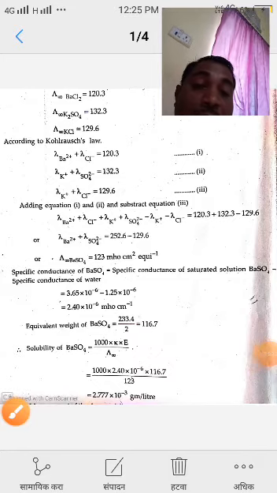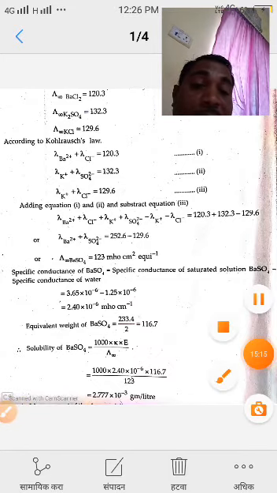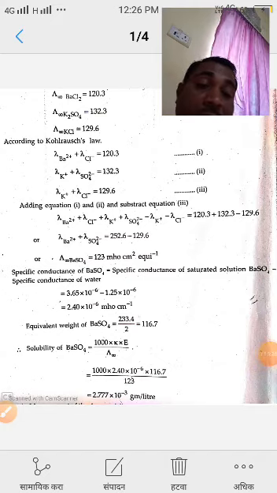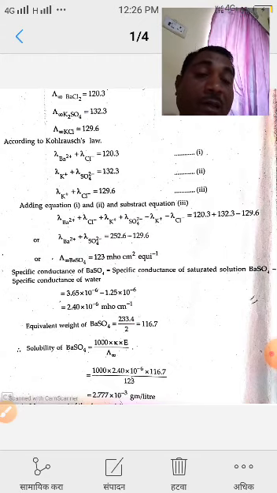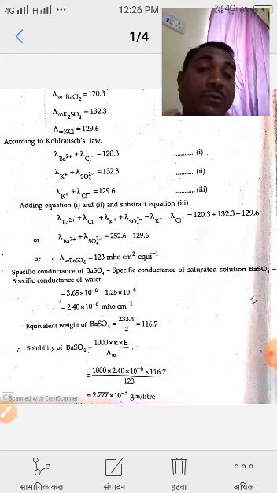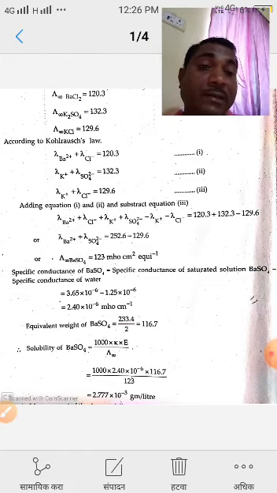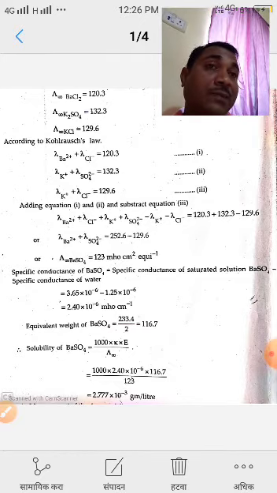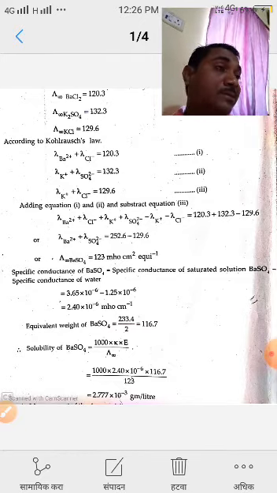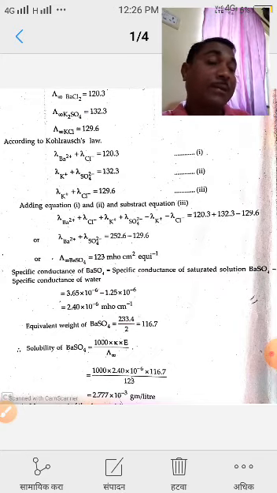Now we stop this second application of Kohlrausch's law. In this video we have explained two examples on the solubility of a weak electrolyte. Kohlrausch's law is also useful to find out the solubility of a salt in a given solvent. Two applications are explained here.